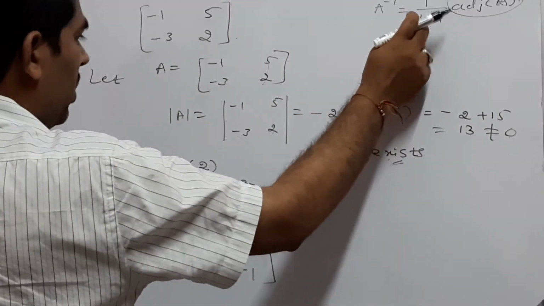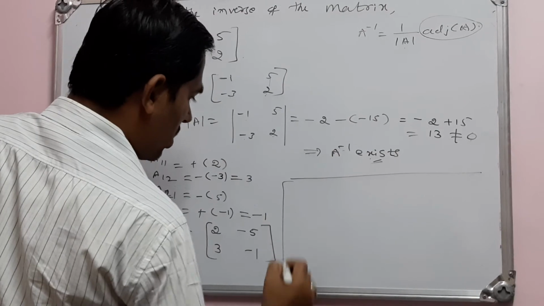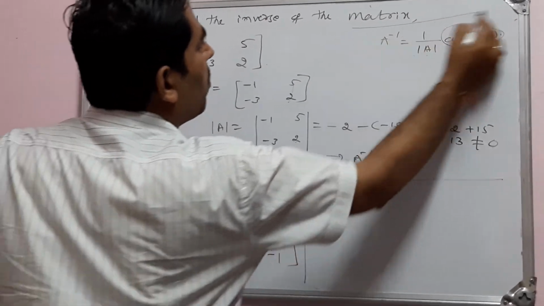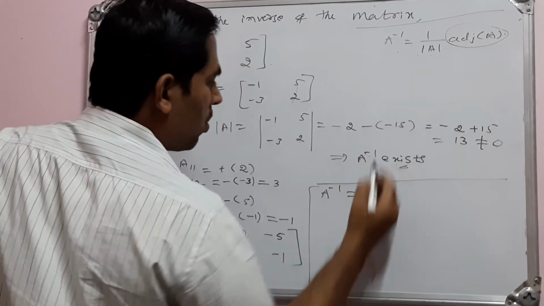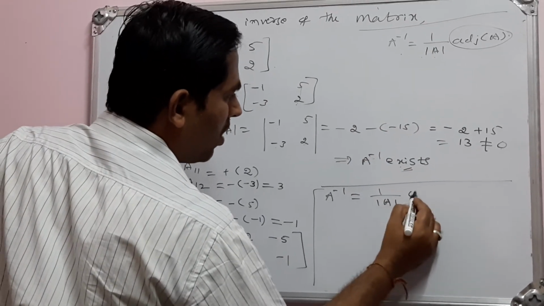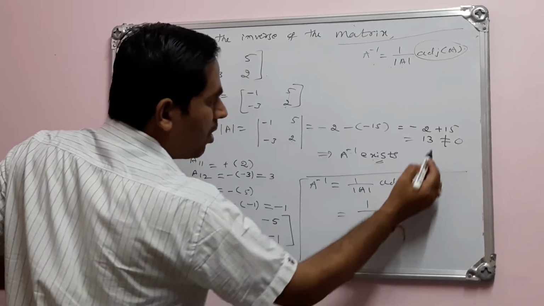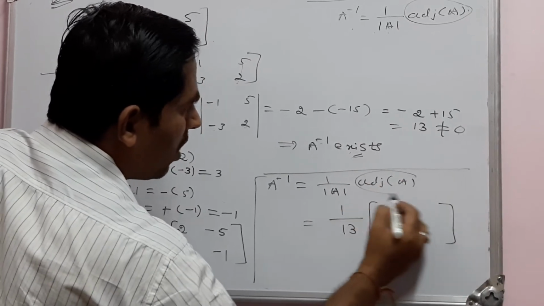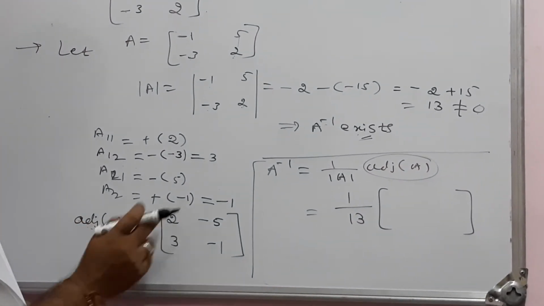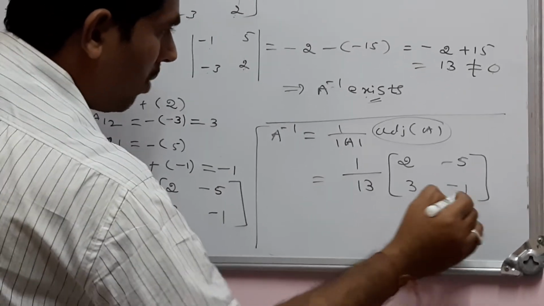Now the determinant of A, we wrote already, it is 13. So now we can find the inverse. The formula once again: A inverse is equal to 1 by determinant of A into adjoint of A. So 1 by 13 into the adjoint, which is 2, 3, minus 5, minus 1.